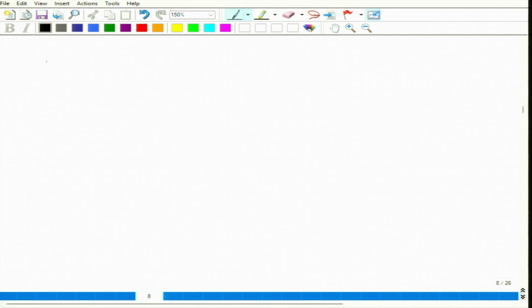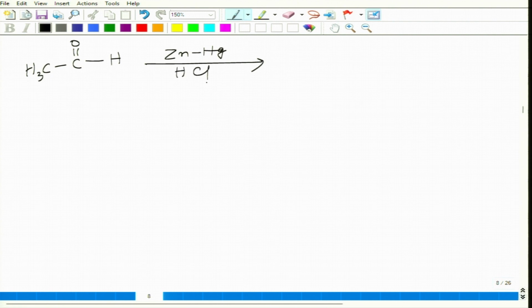So, let us say we have this. It is treated with zinc amalgam and HCl. What will it give? There are two carbons, right? So, it will give ethane.